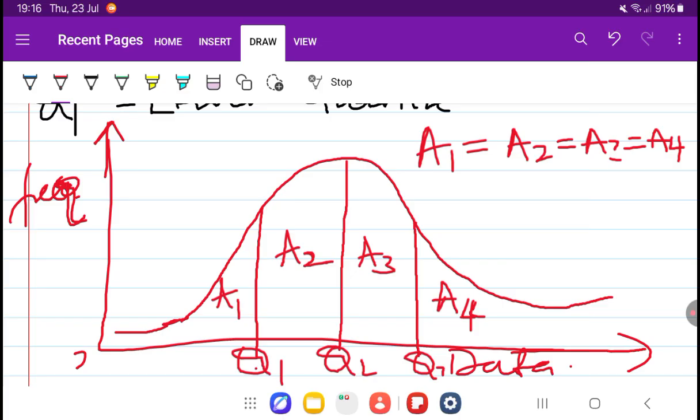Now the first one, Q1, represents the first quartile.